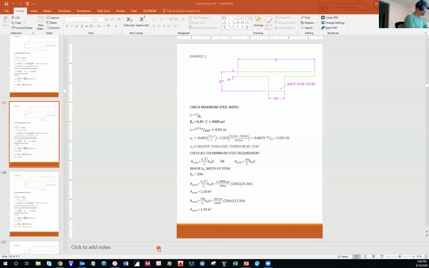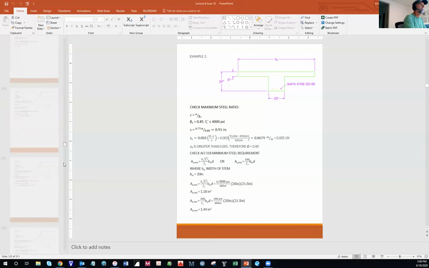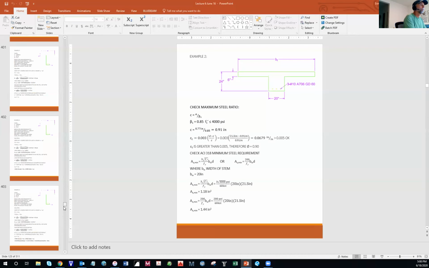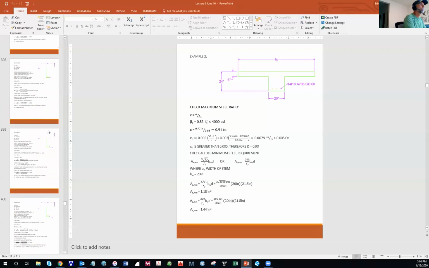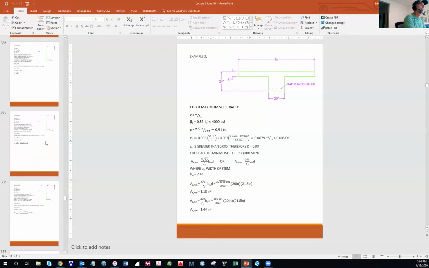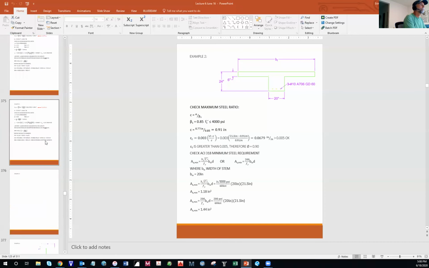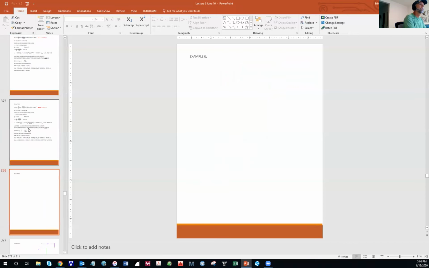Where we left off last time, there it is right there. Example 6.